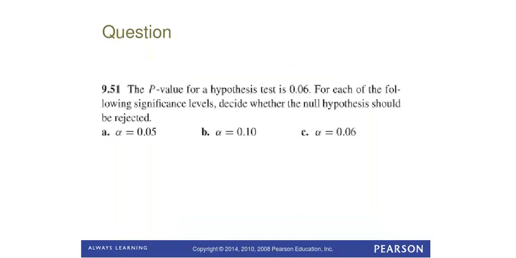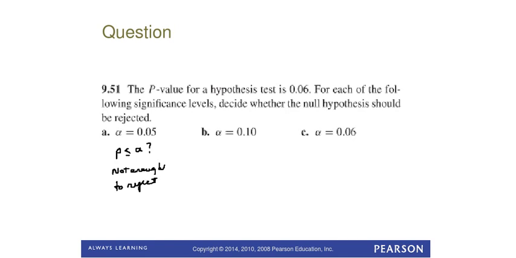But really, we're looking to see if the p-value is less than or equal to the alpha level, right? So in this case, we ask the question, is that true? Well, no, 0.06 is not, so we do not really have enough evidence. Not enough evidence, so we cannot reject the null hypothesis. We fail to reject.